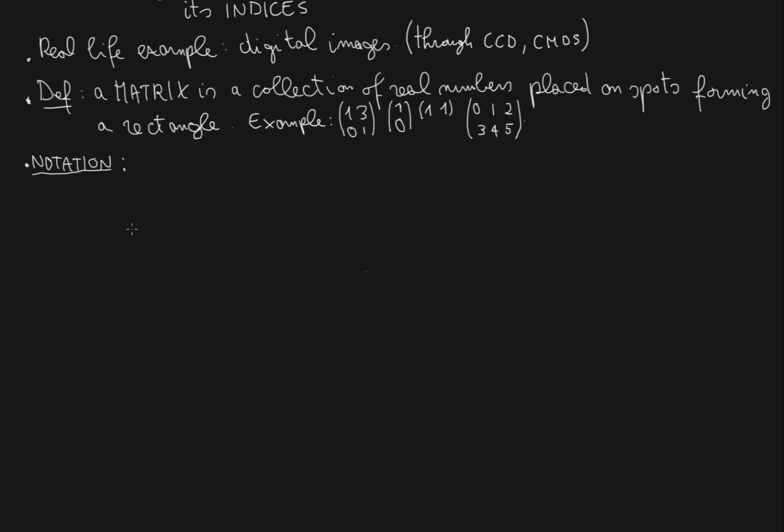Usually we will denote matrices with a capital letter, for example A, and we have two options to write a matrix A. One is to write explicitly its coefficients, so we open a big left brace, and then the first one will be a scalar which we call a, but this a will have to depend on two indices.